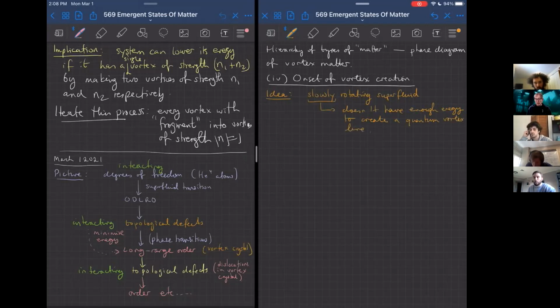And then what we're going to do is increase the rotation rate and see what states emerge.